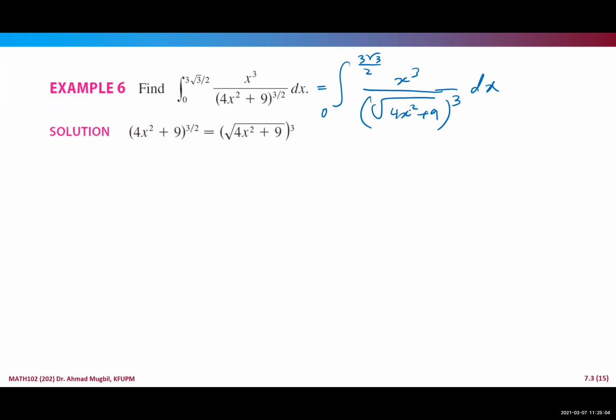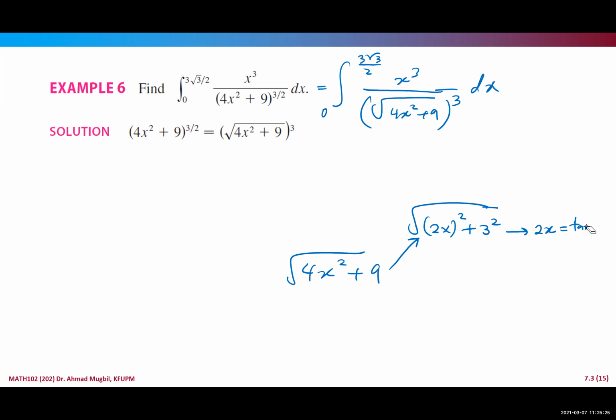Again, the coefficient of x squared here is not 1. So you have two methods. One way is to write it as 2x squared, I'm talking about the radical, plus 3 squared. And what we will put here, we will put 2x equals to 3 tan theta. Am I right? Yes. 3 tan theta.